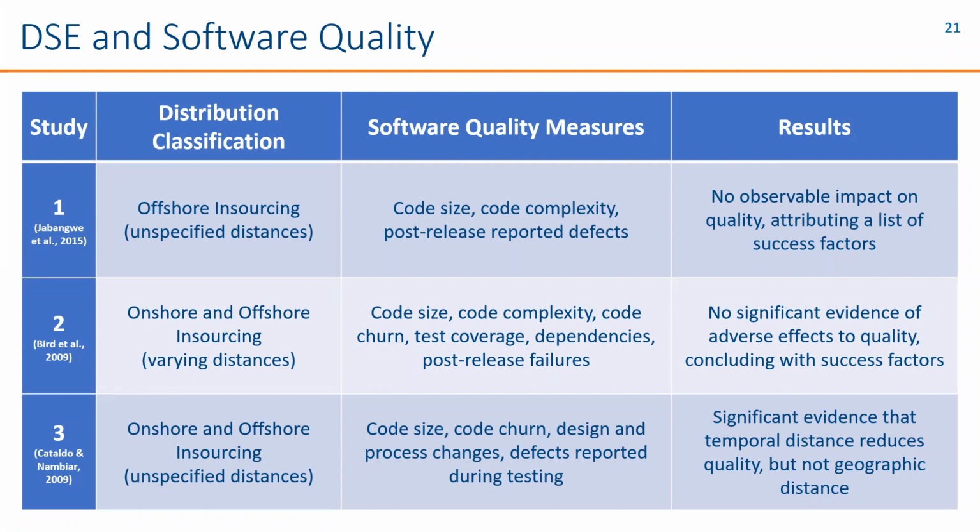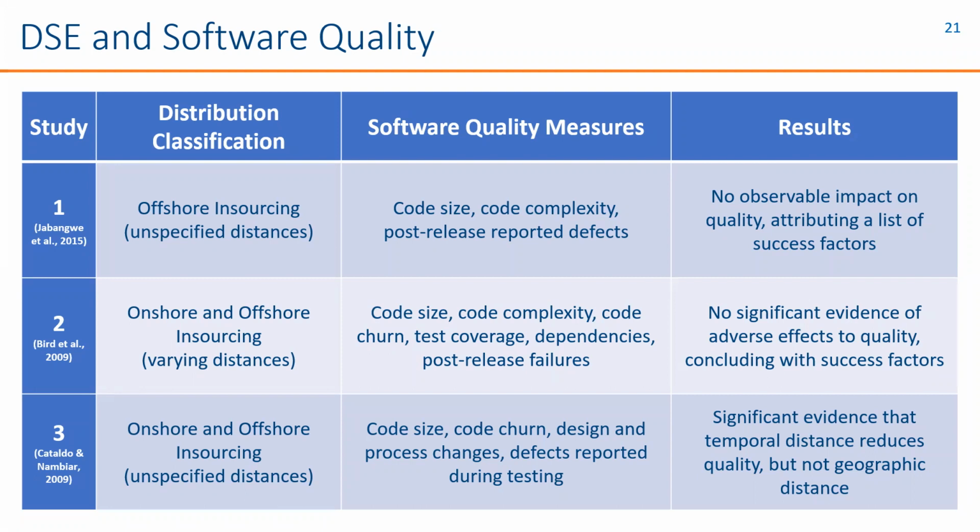Now, the third study was a little different. Yes, it is still insourcing, and it is matching the parameters in that situation. However, for the quality measures, they were doing this on a large amount of embedded systems projects for a single company, so they didn't want to use post-release failures.